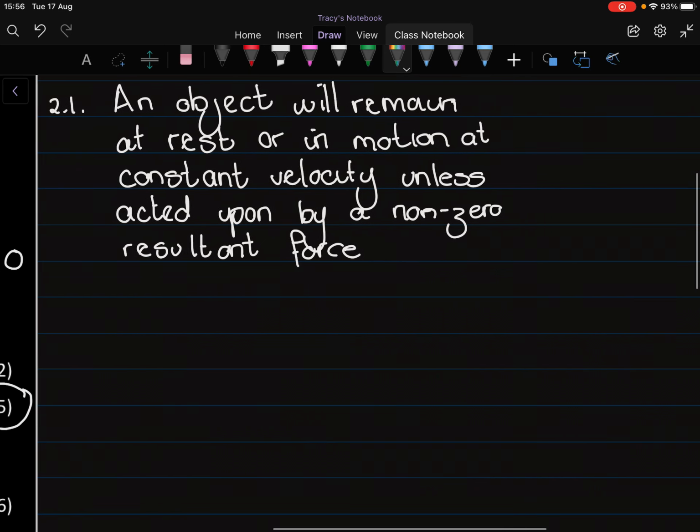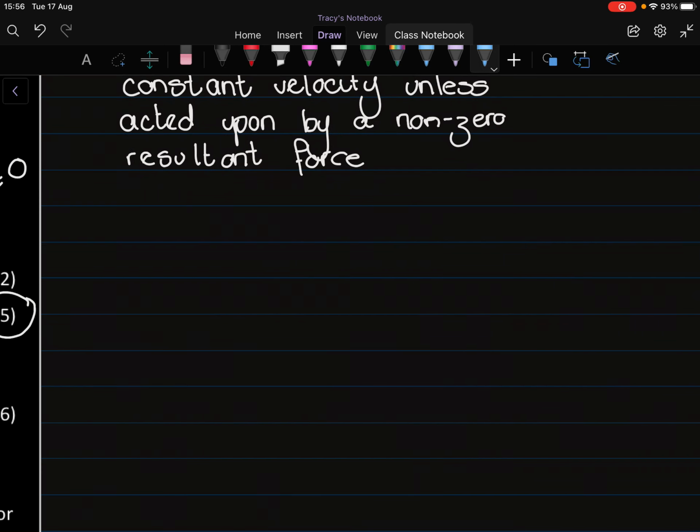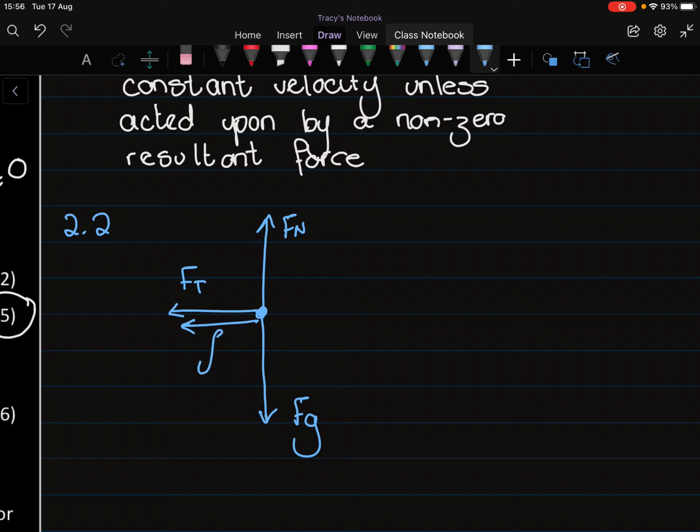So, free body diagram, this is 2.2, I have to have a dot. We've got Fg, we've got Fn, we've got Ft, which is the tension, and we're going to have friction. Now with the force, remember in the free body diagram, your force always has to be shown coming from the center.